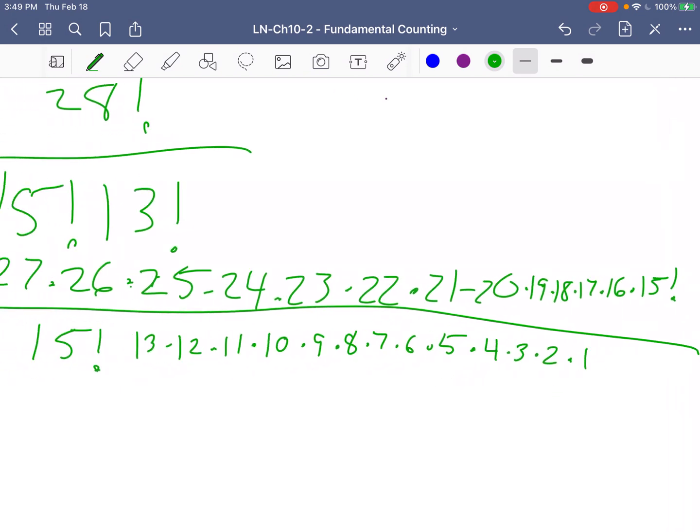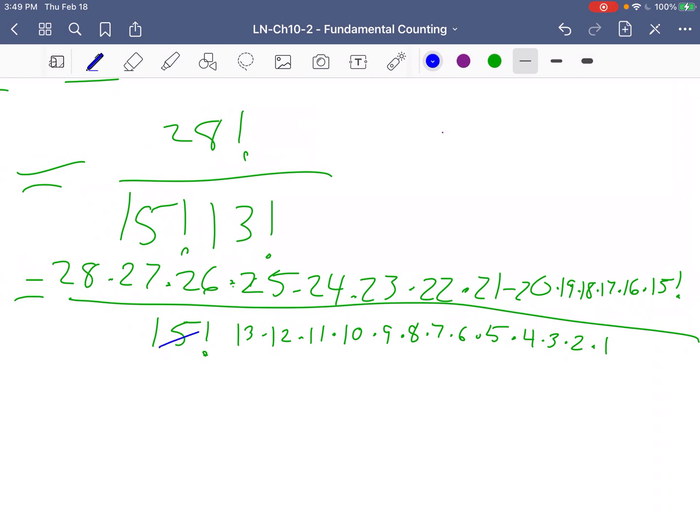All right, so now we can start doing some cancellation. 15 factorial cancels there. This 13 doesn't go into anything nicely, but 13 times 2 is 26.